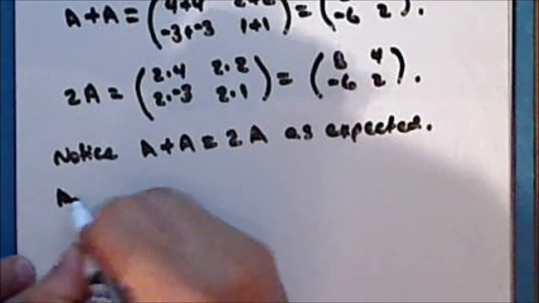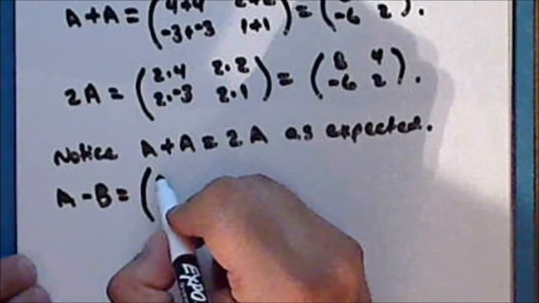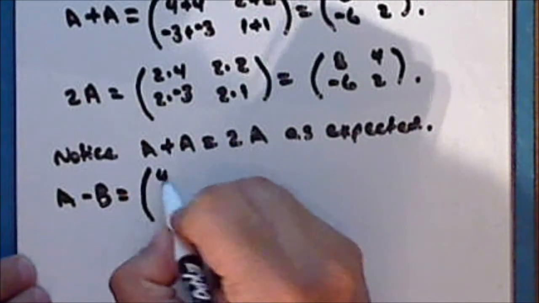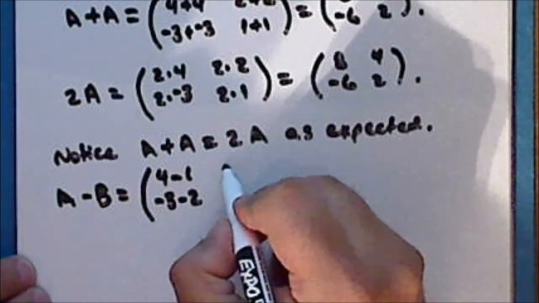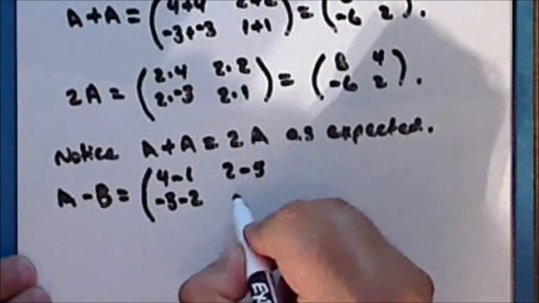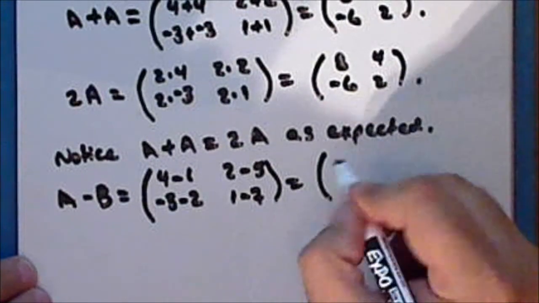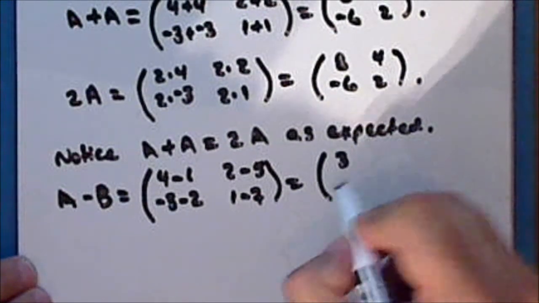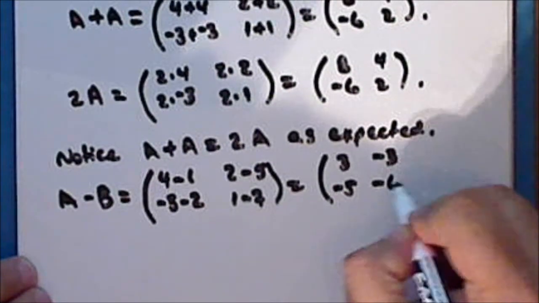Now the difference, A minus B, is the matrix with columns 4 minus 1, -3 minus 2, 2 minus 5, 1 minus 7, which is the matrix with columns 3, -5, -3, -6.